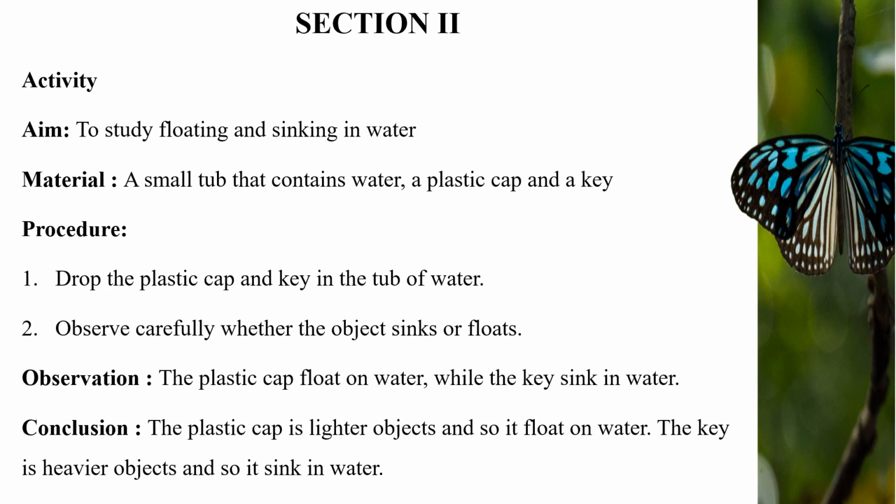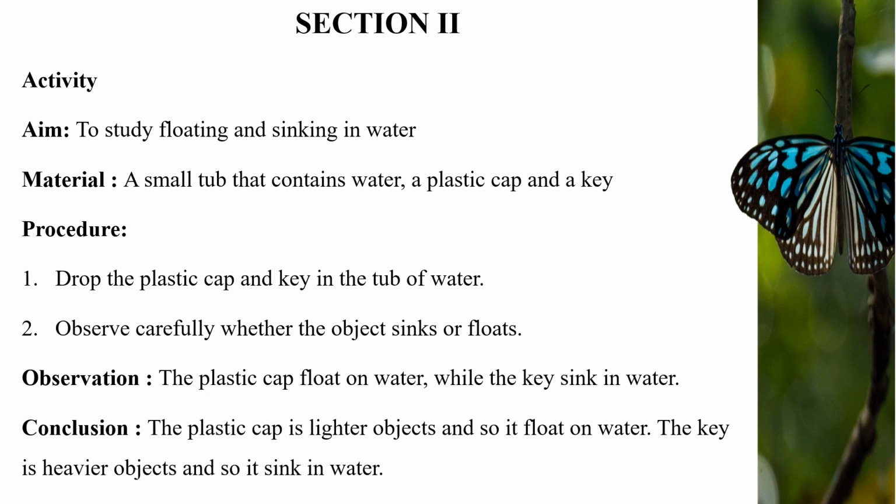Activity: aim, to study floating and sinking in water. And the material required are a small tub that contains water, a plastic cap, and a key. We have taken a plastic cap and a key for the activity. Procedure: drop the plastic cap and key in the tub of water. Then observe carefully whether the object sinks or floats.